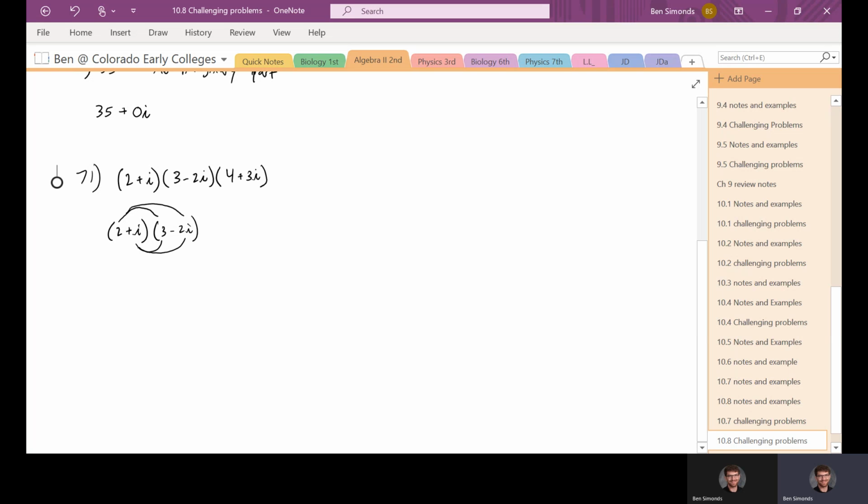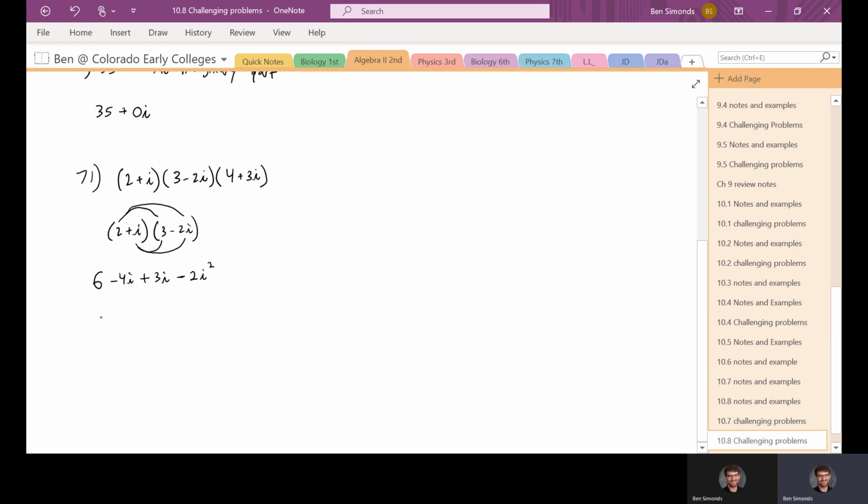So our first is 2 times 3, which is 6. Our outer is 2 times a negative 2i for a negative 4i. Our inner is i times 3, so positive 3i there. And then the last is i times a negative 2i for a negative 2i squared, right? Because there's an i in both terms, so an i times an i is an i squared.